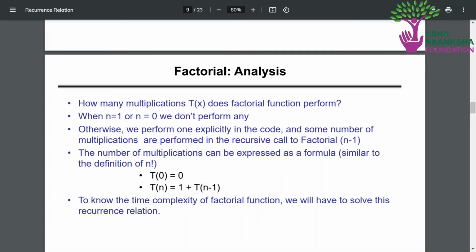Therefore, the number of multiplications can be expressed as a formula similar to the definition of n factorial. That is, we can express the formula for multiplication for the nth term in terms of the n minus 1th term.